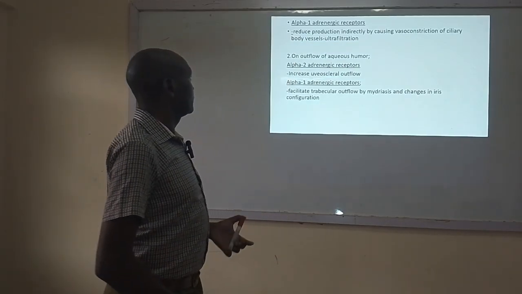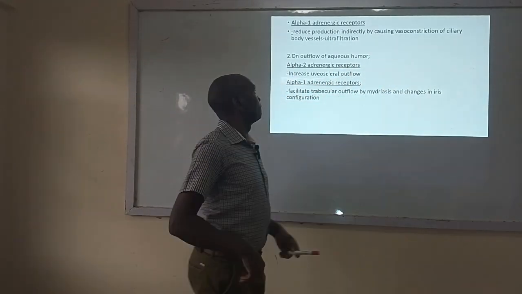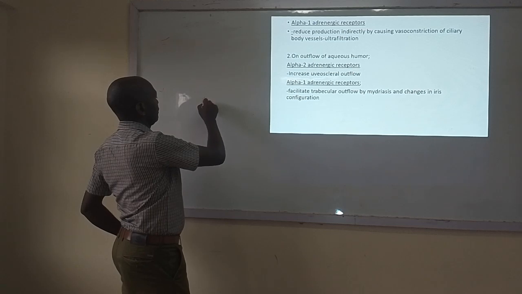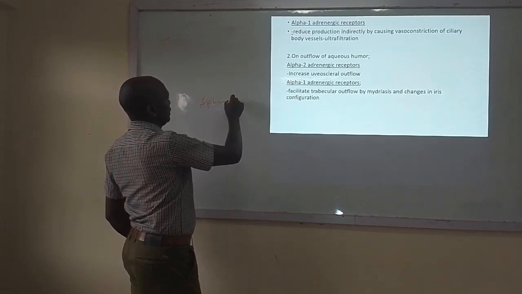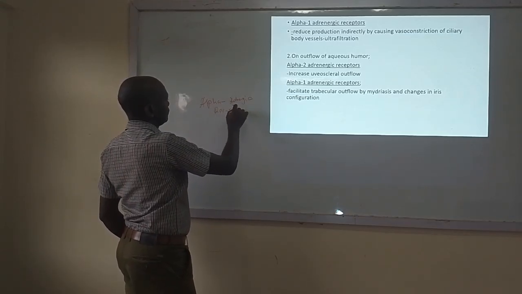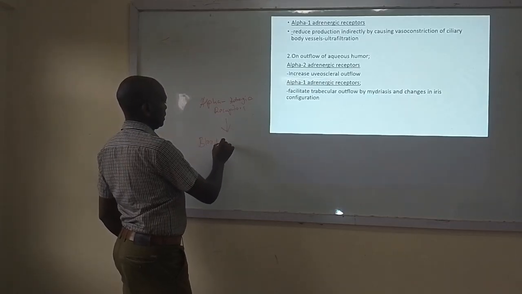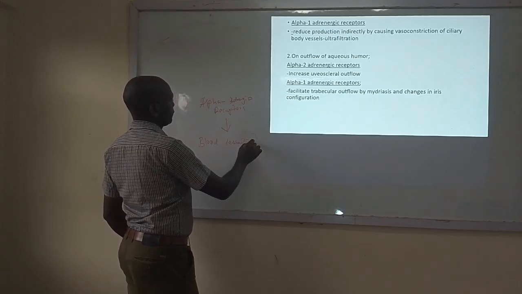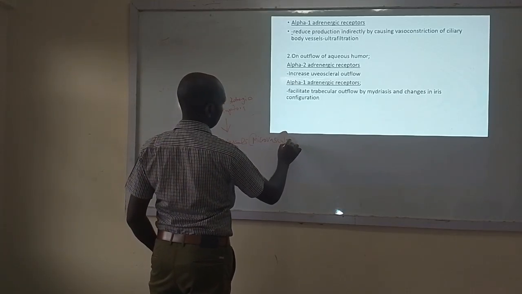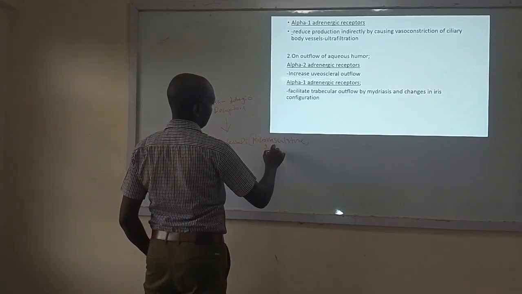So that is the continuation. Alpha-1 adrenergic receptors cause vasoconstriction. These alpha-1 adrenergic receptors are found in blood vessels, the microvasculature, particularly the arteries.